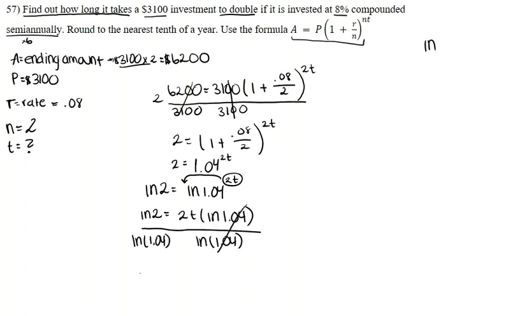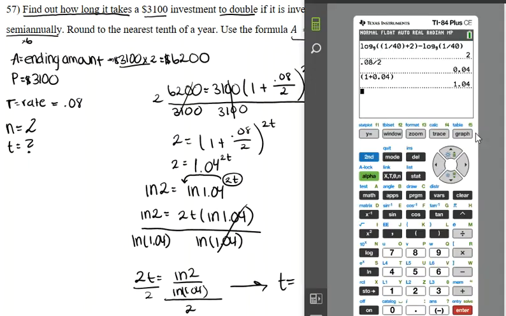That gives us 2t is equal to ln of 2 divided by ln of 1.04. Now I'm going to divide both sides by 2 further so that we can get our t. We can go ahead and put this in our calculator again, just so it makes the work a little bit easier on us. So let's do the first argument, which is our numerator.